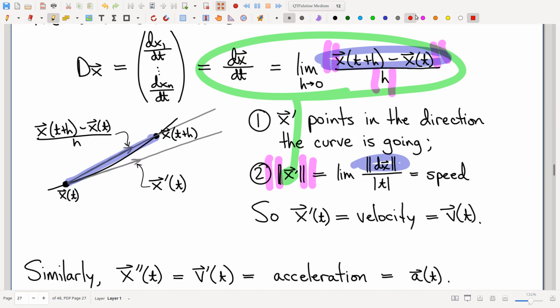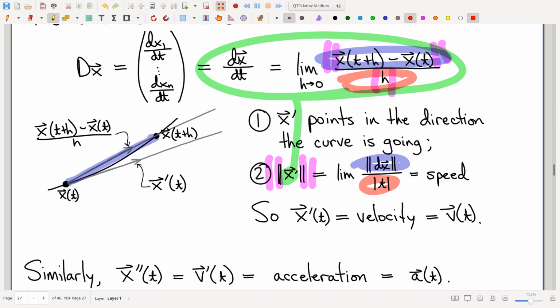The denominator here, h, that's the amount of time between this moment and that moment. This is elapsed time. So the magnitude of our derivative vector is distance per unit time. That's speed. Old physics concept, right? Distance per unit time is speed.